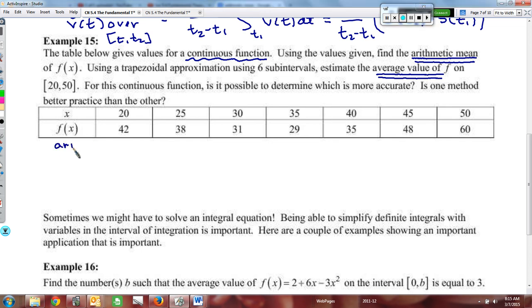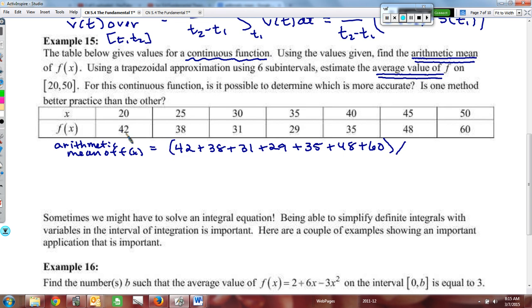So our arithmetic mean of f of x, the y values, would simply be me taking 42 plus 38 plus 31 plus 29, 35, 48, and 60, and then dividing by the number that we have, 1, 2, 3, 4, 5, 6, 7, and divide by 7, which we get 283 divided by 7, which is approximately 40.429.